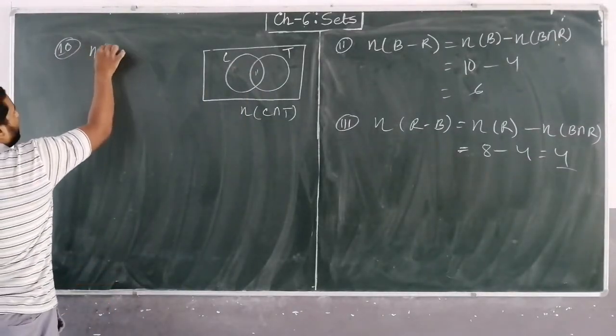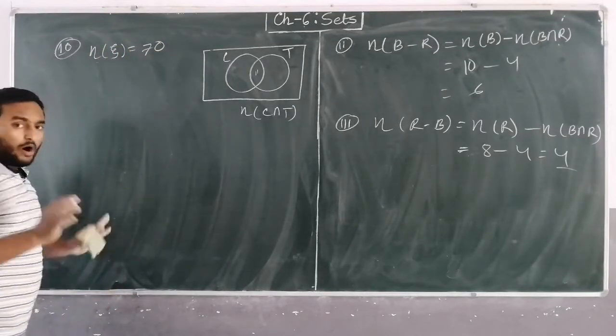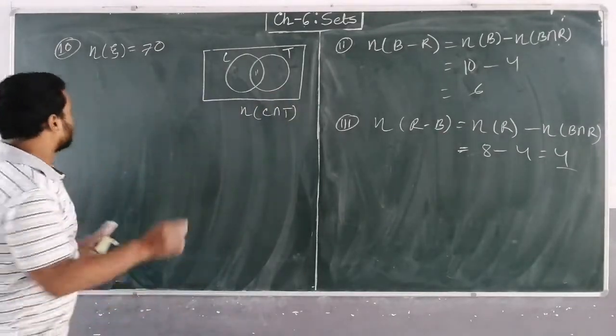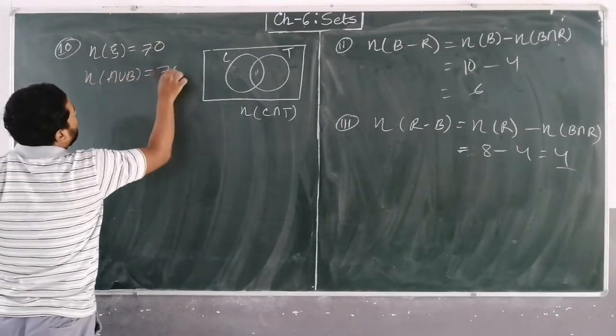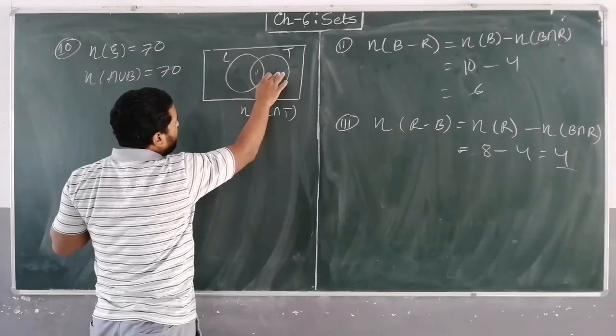So the number of total people, n of xi, equals 70, and all the people are taking at least one beverage. So you can tell that n of C union T also equals 70, because nothing is outside this coffee and tea set.